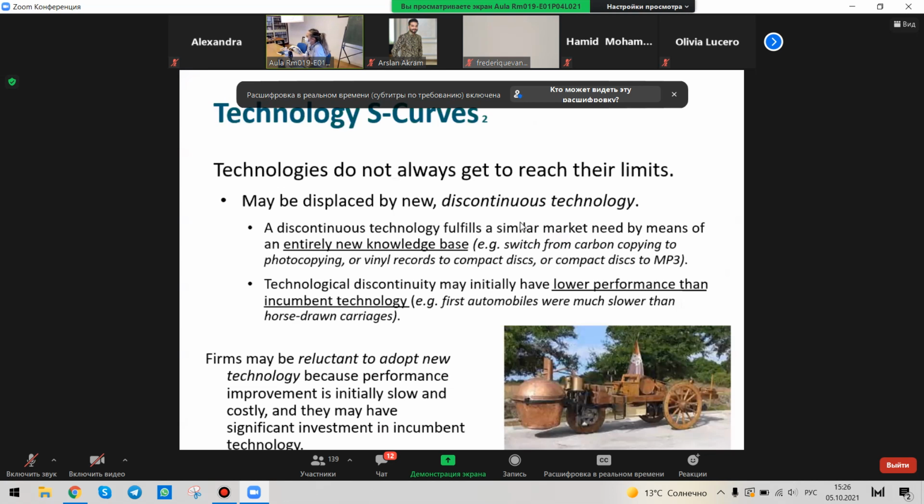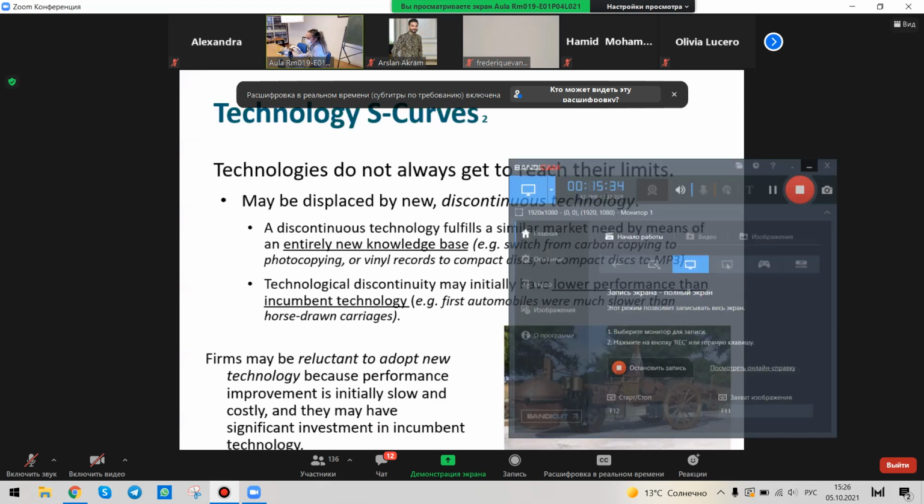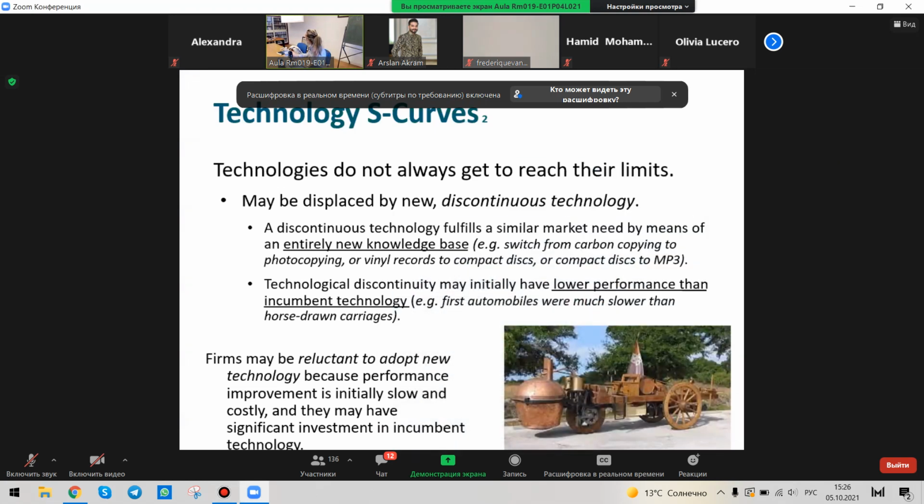This means a new technology that enters a market before the previous technology has reached its limits, okay? So it is what we define as radical technology or radical innovation, or disruptive innovation. If something new enters a market before, again, the previous technology has reached its intrinsic limit, we have the so-called discontinuous technology or technological discontinuity. It's exactly the same thing.